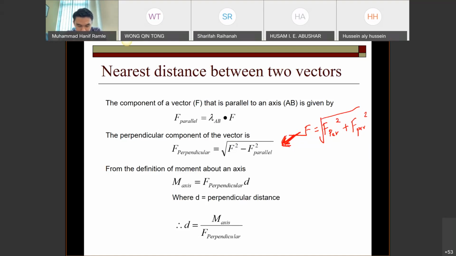From the definition of moment about an axis, we still use the 2D equation, because D is a scalar product.